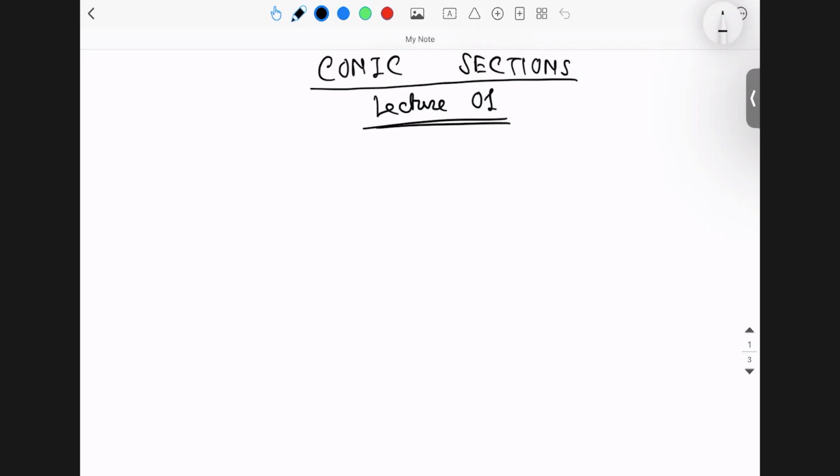Okay. So today we are going to discuss conic sections. So what are these conic sections? What will we discuss in this chapter?